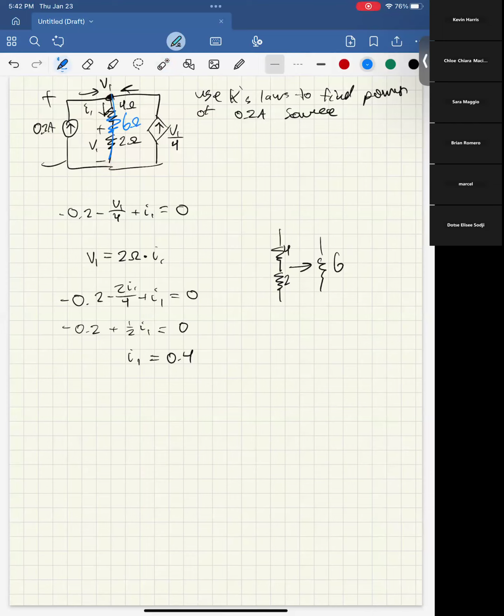And the voltage difference between here and here, which is the same as here and here, is going to be V. So if I wanted to write this fancily, it would be V of the 0.2 amp source is equal to the voltage of the 6 ohm that I just made up, which is equal to 6 ohms times I1, which is 6 times 0.4, which is 2.4 volts.